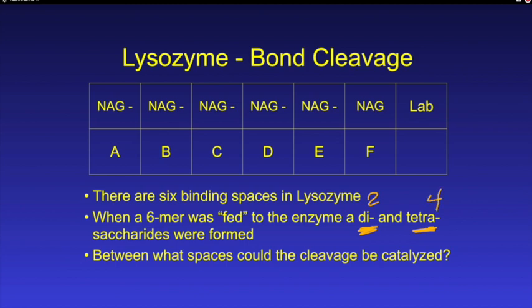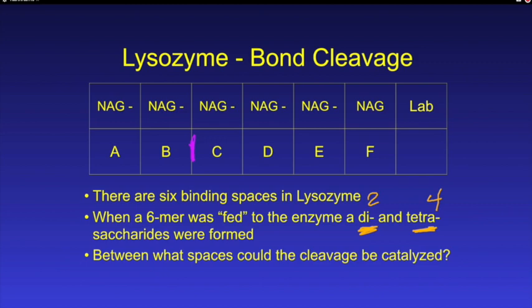So if I break a 6 into 2 and 4, what are the 2 places, theoretically, that I could break the covalent bond? There are 2. The first one would be here. I would break it into A and B, and then C through F. That's a 2 and a 4. That's not the only place.